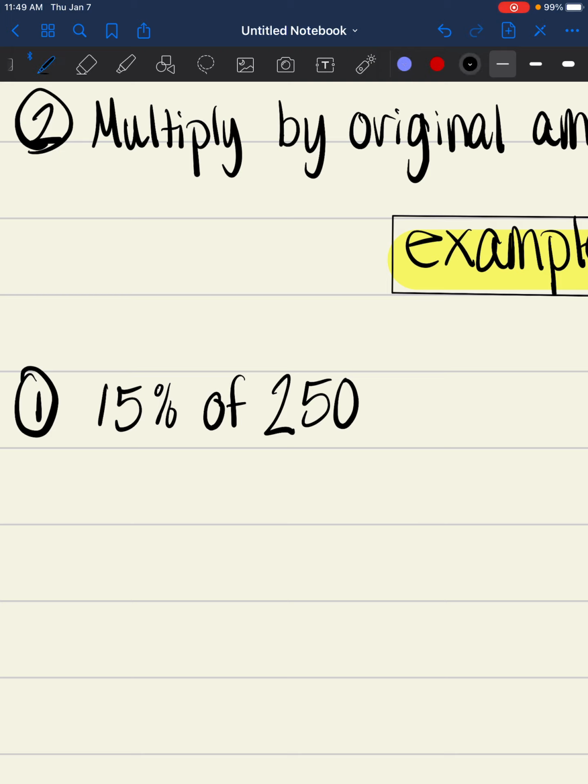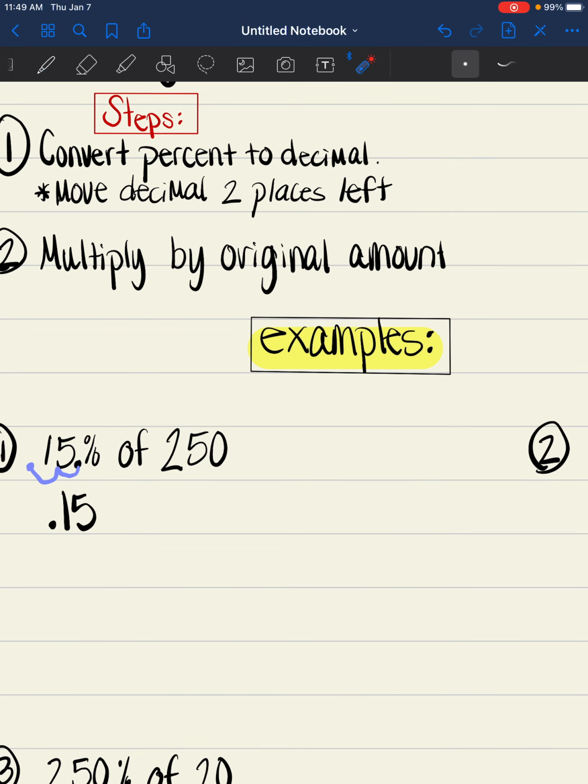Add the decimal behind the 15, and we're still going to move that decimal 2 place values, 1, 2, to the left. So now that gives us 0.15.